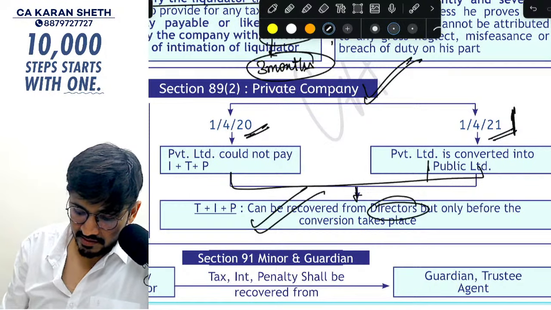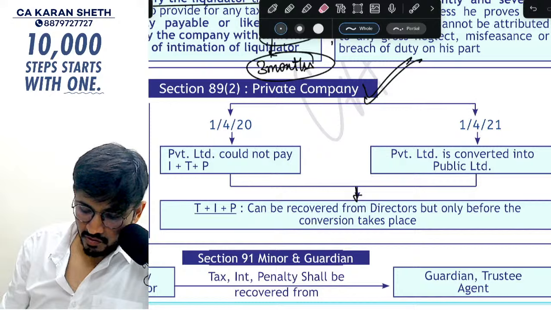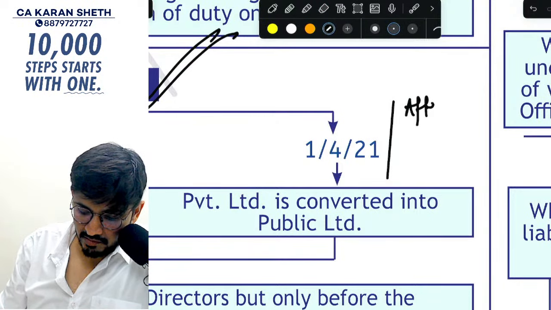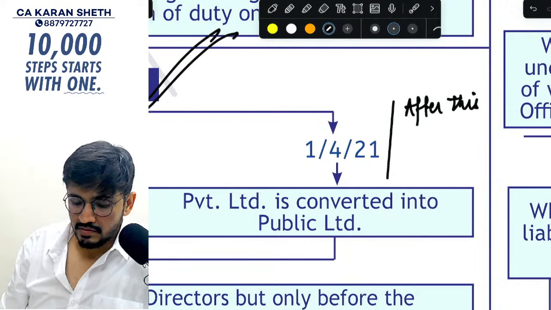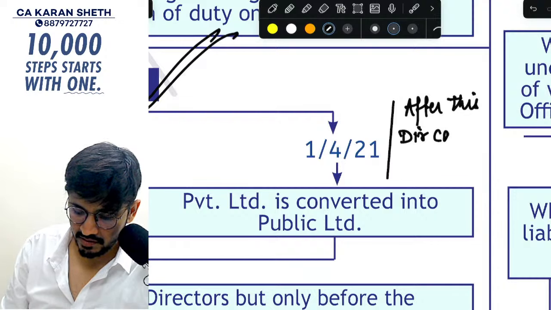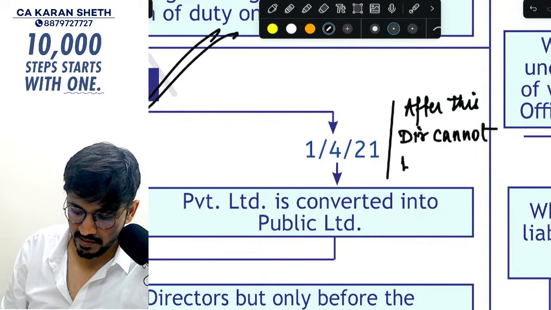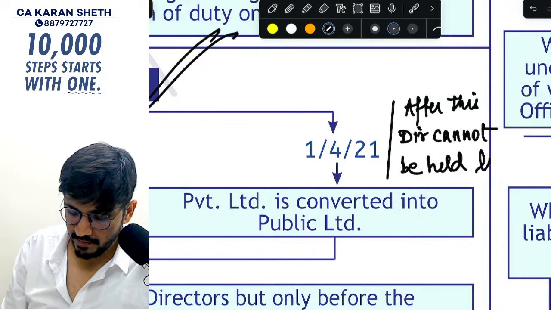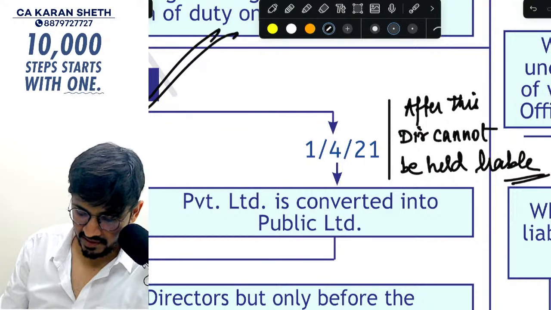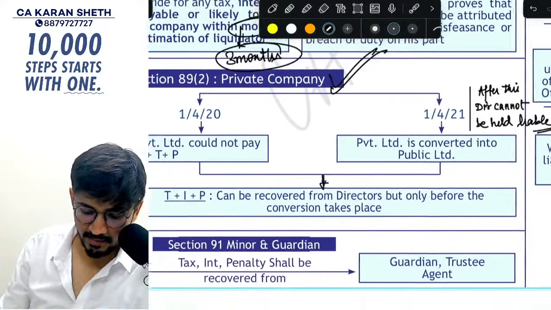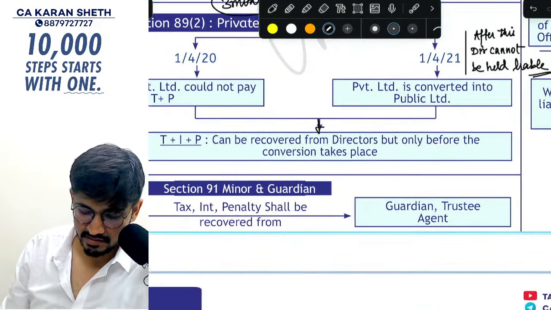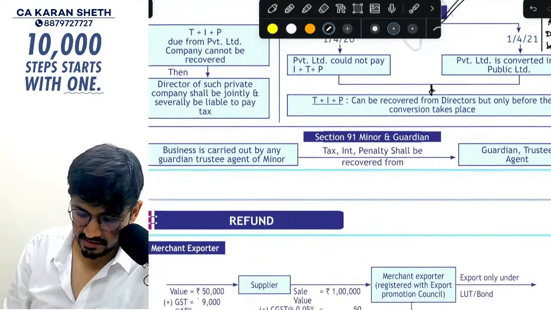But after this date, directors cannot be held liable. Directors cannot be held liable. Is that very clear, my dear friends? Yes, sir. Okay.